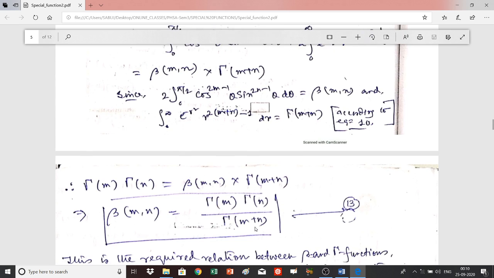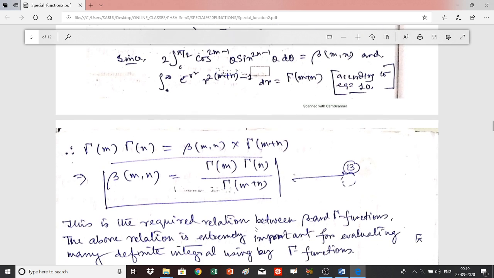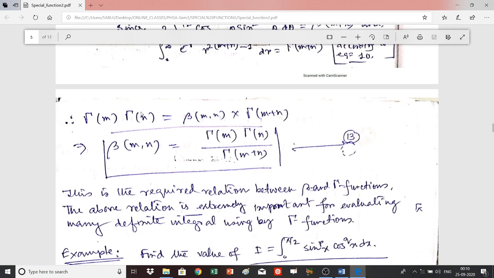This is a rather important relation, and very easily you can convert the beta function to the gamma function using this expression, and that is why this expression is very important. So this is the required relation between beta and gamma functions.